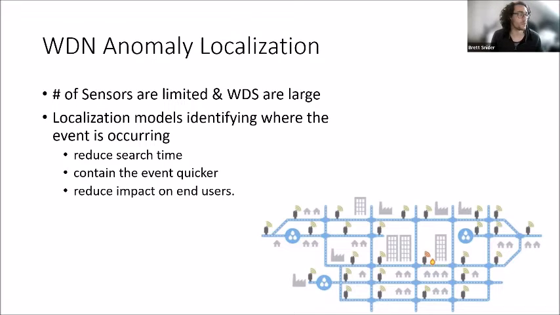And so what we need to do is develop a model that is able to use a small number of sensors spaced out throughout the water distribution system to locate the actual anomaly. Once the anomaly is located, then a search crew can be sent out to confirm the location and repair it and react to the event much quicker.